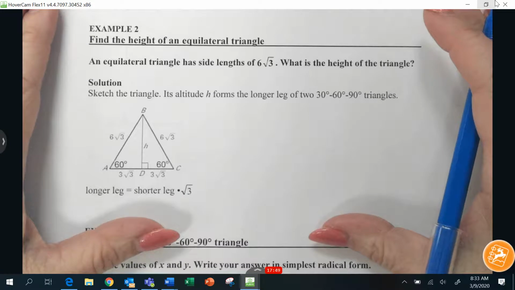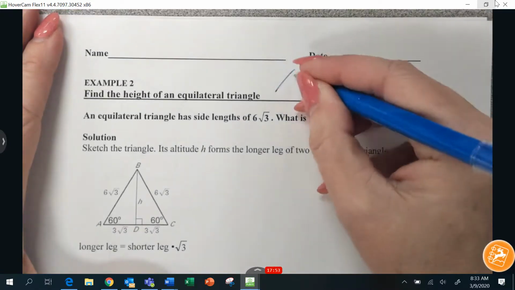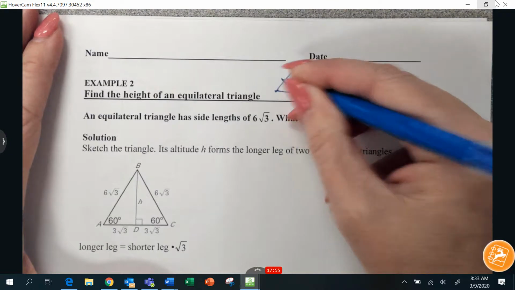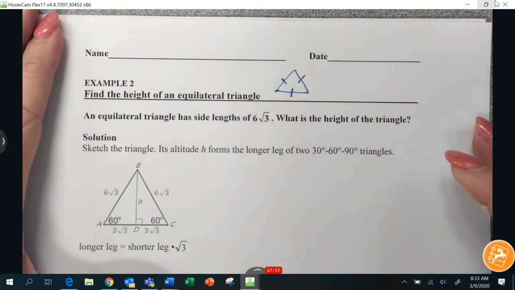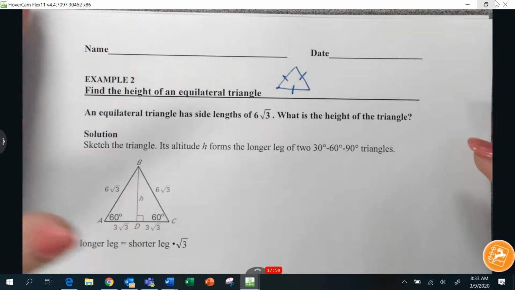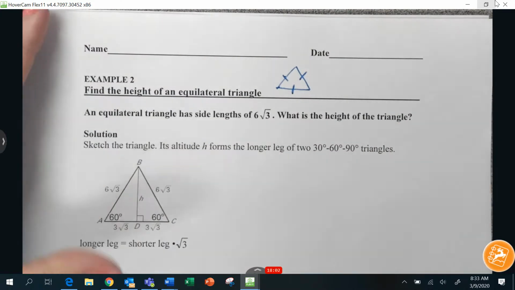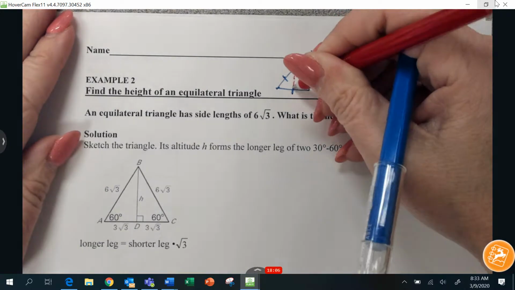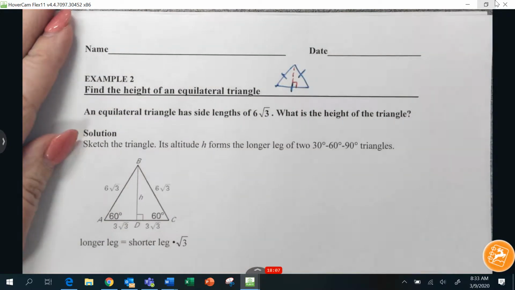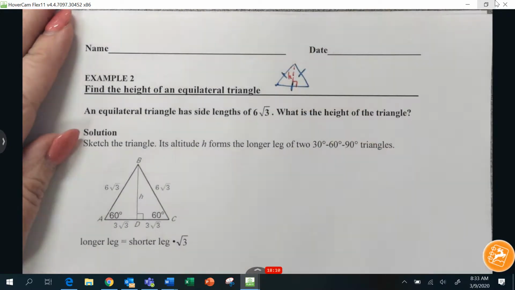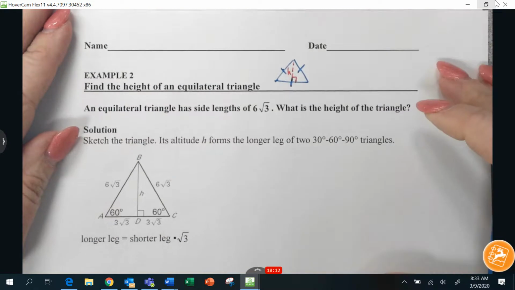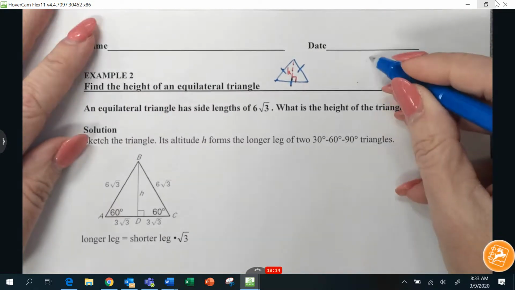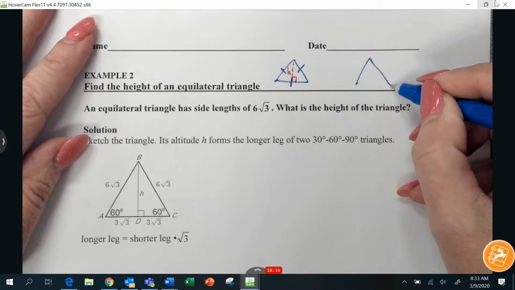This one is an equilateral triangle. All three sides are equal, and we're going to find the height, the altitude, of this equilateral triangle. We use it a lot. If we have an equilateral triangle, what are all three angles?